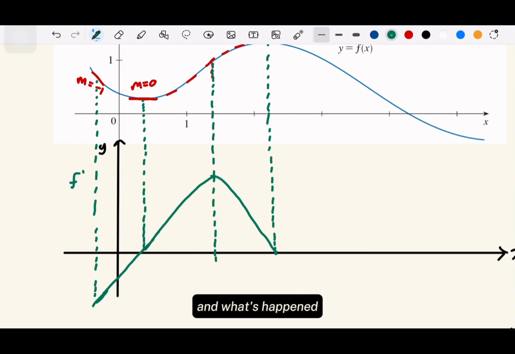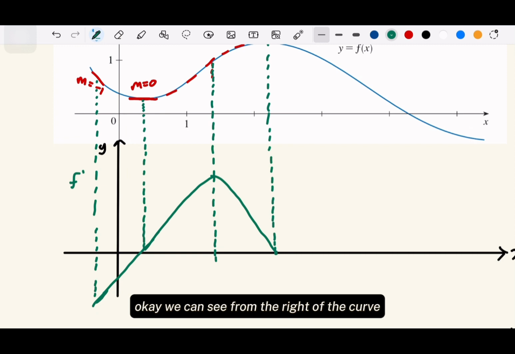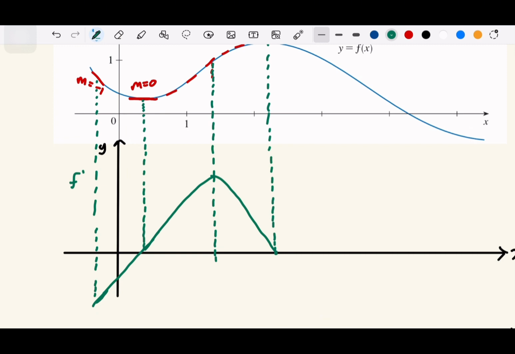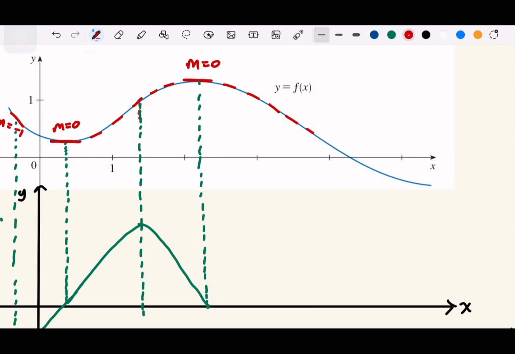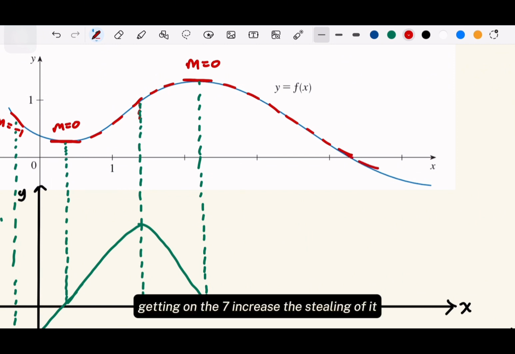And then what happens? We can see from the right of the curve that we are going to start getting negative, negative, bigger, bigger, and then at a certain point, perhaps it's increasing but still negative.